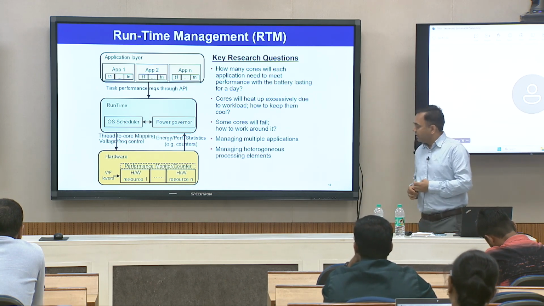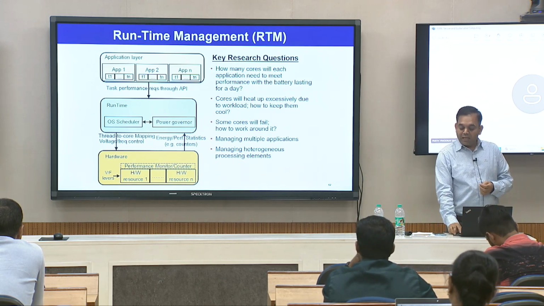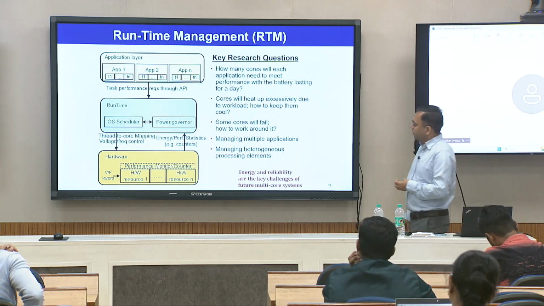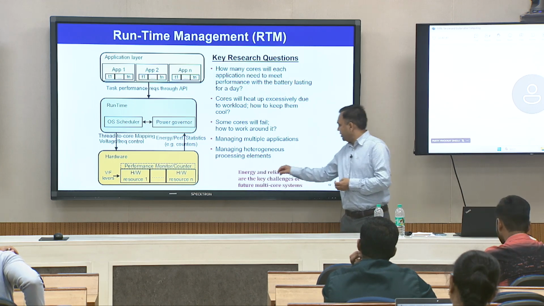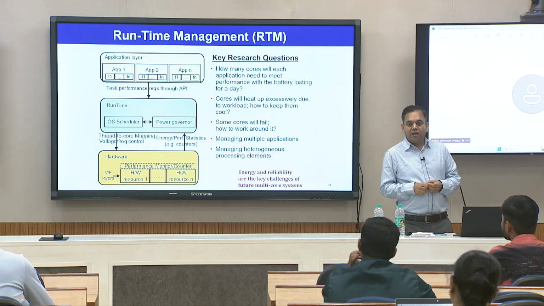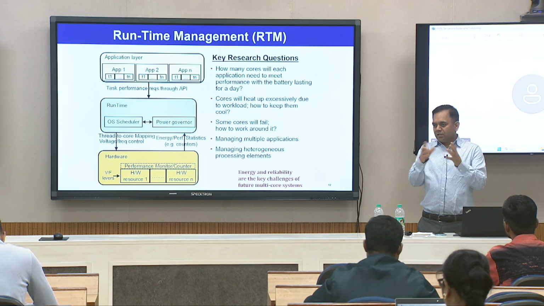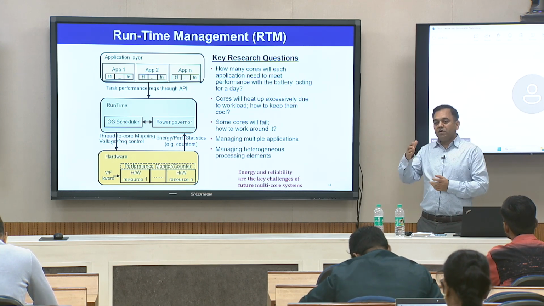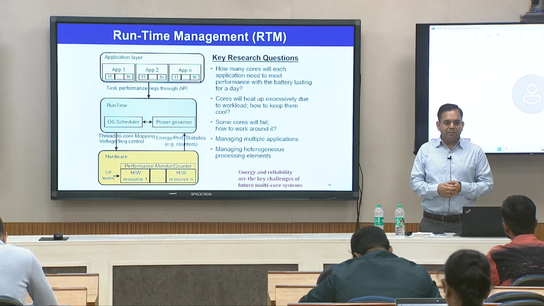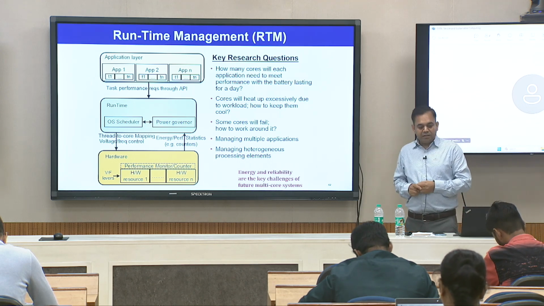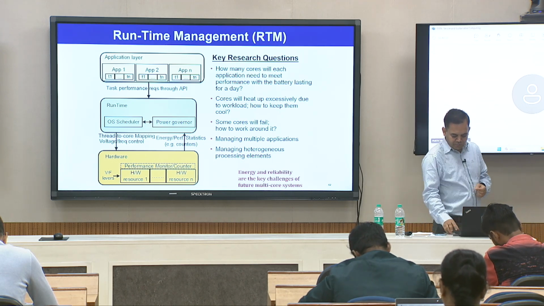And if we look from the sustainability point of view, we want to care for the energy and reliability of the system. Reliability means it's operating in a reliable way, and also it should last for a long time. So these are the two metrics that we can look at.